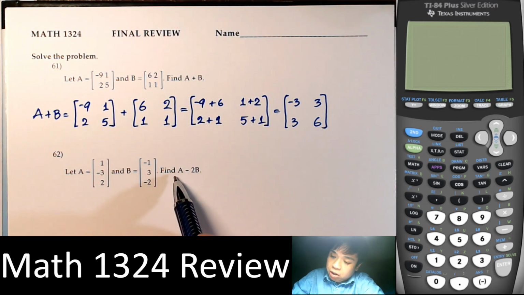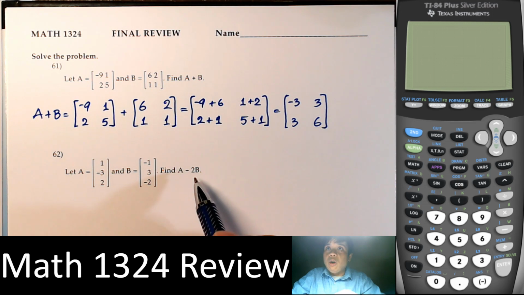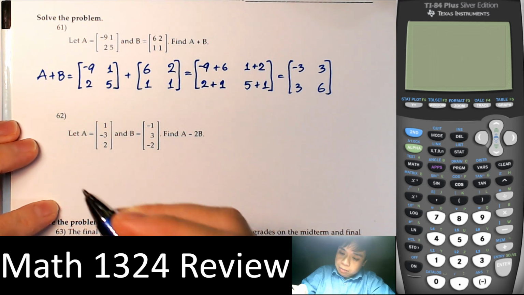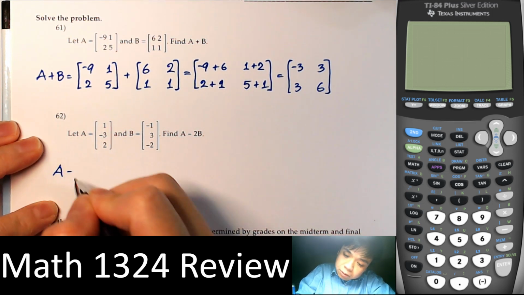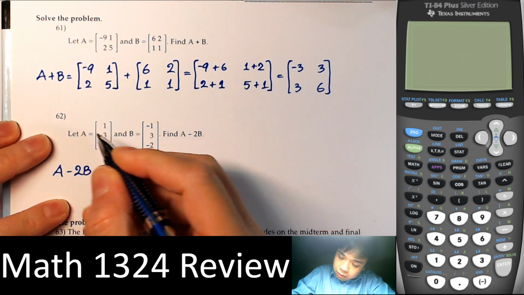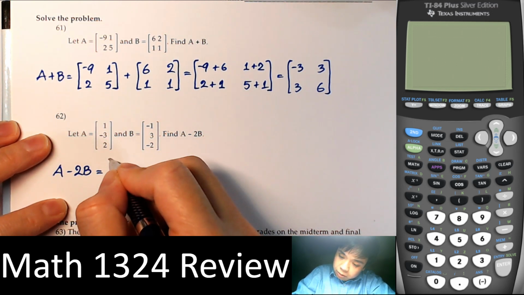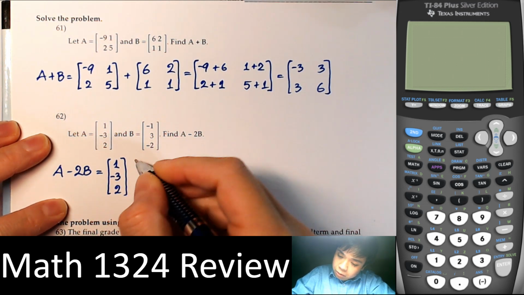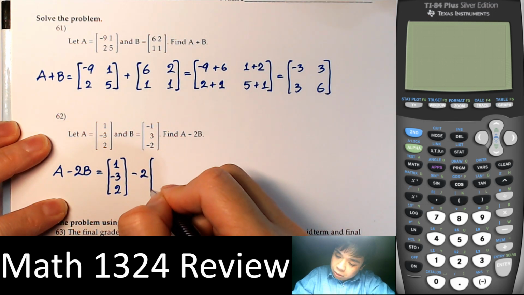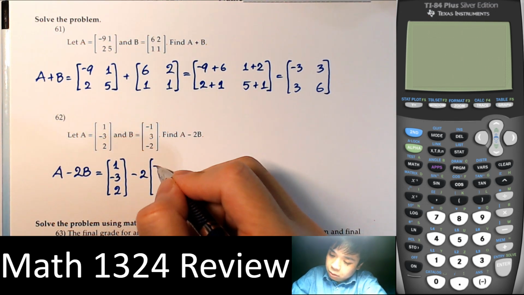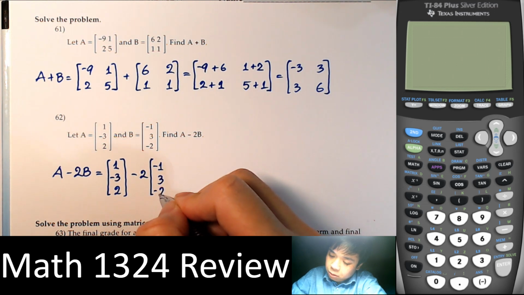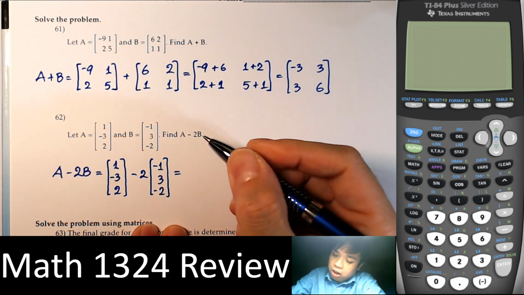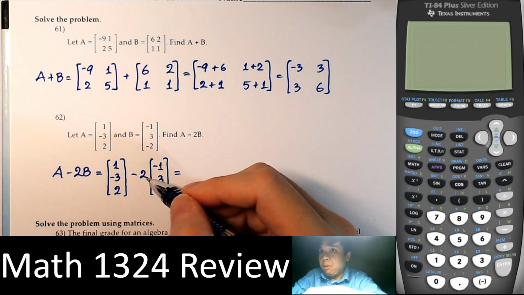Here we have matrix A minus 2 times the matrix B. Just like all the operations, multiply, divide, and then add or subtract. So I multiply the 2, just the 2, keep the minus.